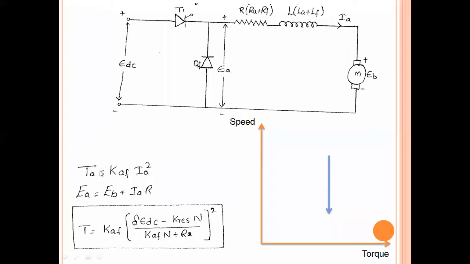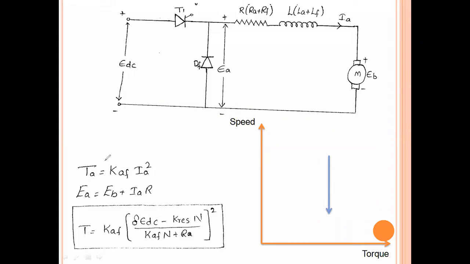Because in the series machine, the torque is directly proportional to the square of the armature current. So TA is equal to KF into IA square. We know what EB is, so we can substitute EB here.